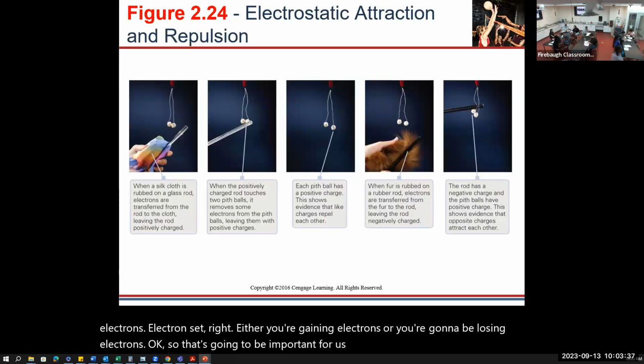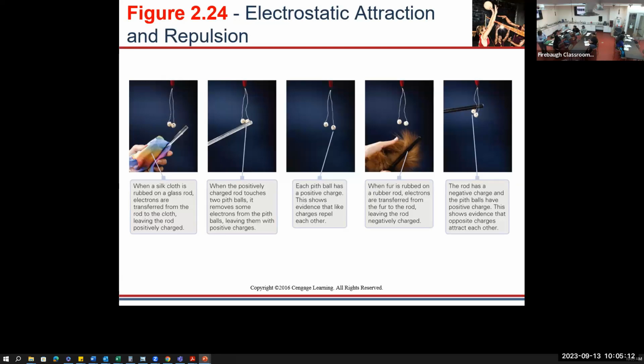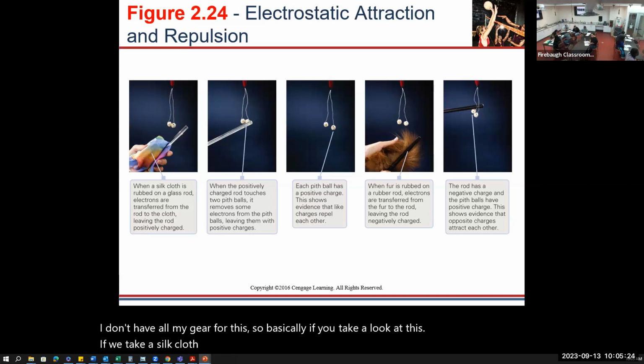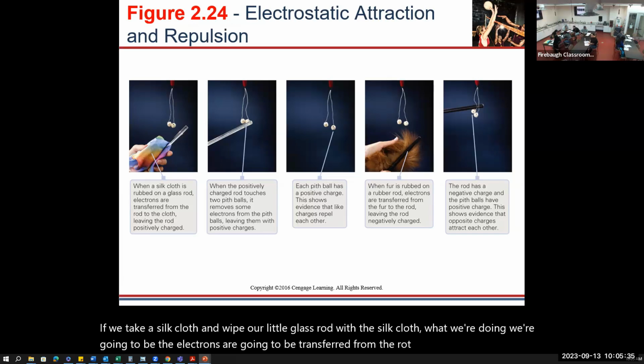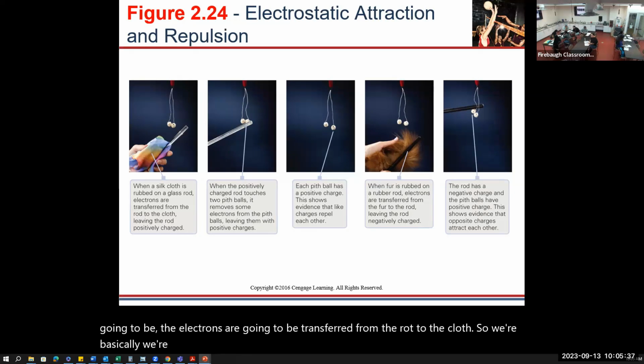So there's this nice little experiment. Well, I don't have all my gear for this. Basically, if we take a silk cloth and wipe our little glass rod with it, the electrons are going to be transferred from the rod to the cloth. So we're removing electrons from the rod.